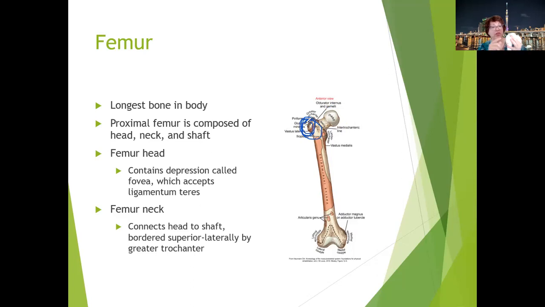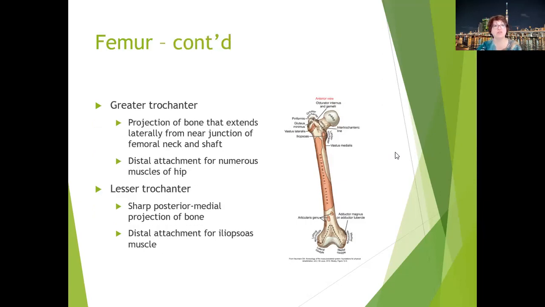It's a big bony prominence, and there are a lot of muscles attached to it. Anytime you have a big bony prominence, chances are good that there are going to be a lot of things attached to it. The greater trochanter extends laterally from the near junction of the femoral neck and shaft. In terms of being palpable, the head of the femur, not palpable.